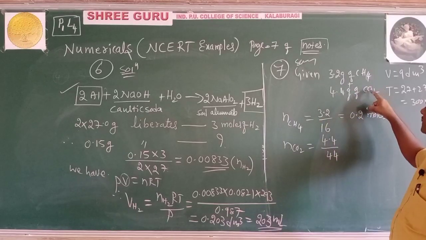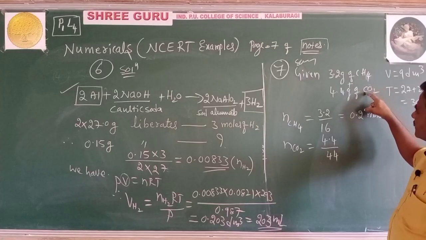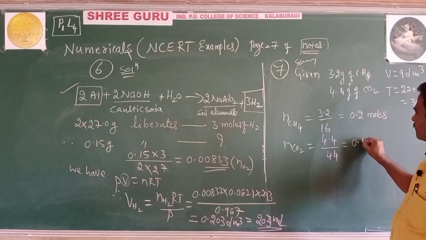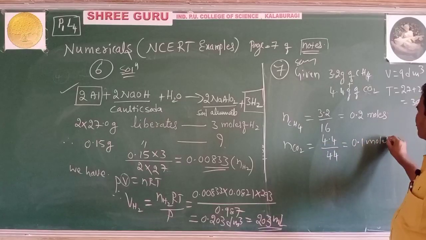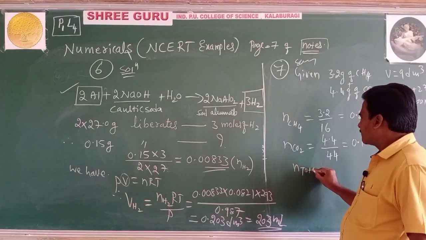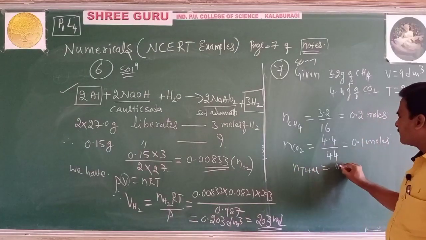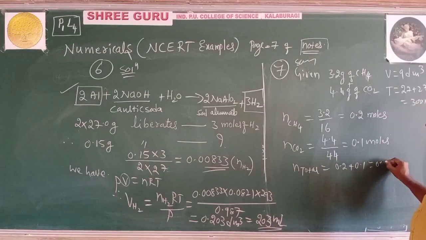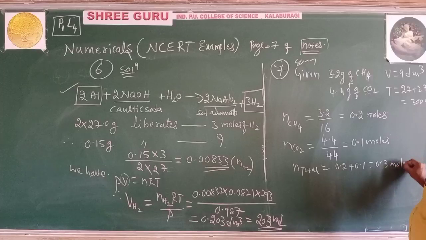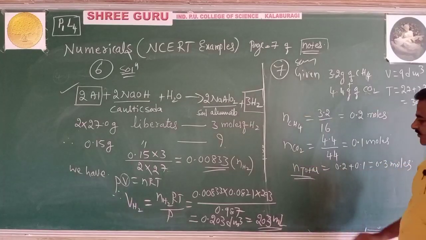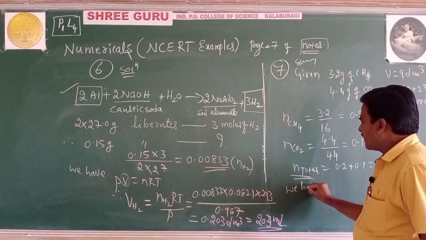And 44: carbon 12 plus oxygen 32, 44. 4.4 divided by 44 is 0.1 mole. Therefore, N total is 0.2 mole of methane plus 0.1 mole of CO2, which is 0.3 moles.